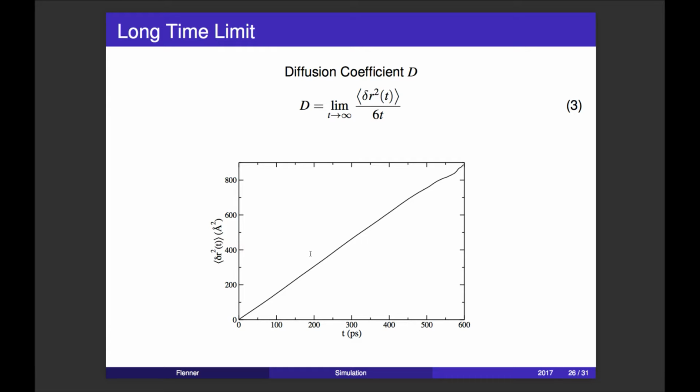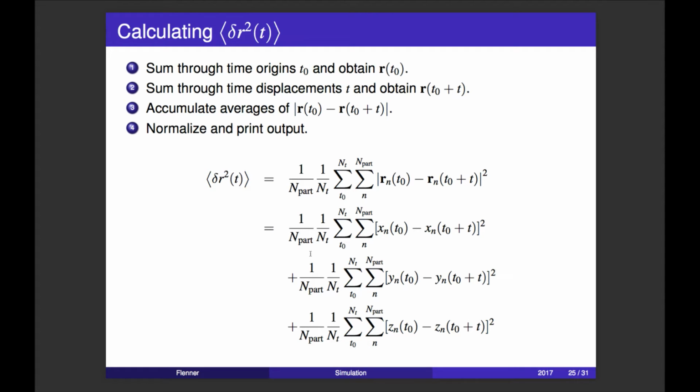That occurs because when we average over the time origins, you have only so many saved configurations, and at the late times, you don't have that many intervals of that time difference. So at later times, the noise gets larger.